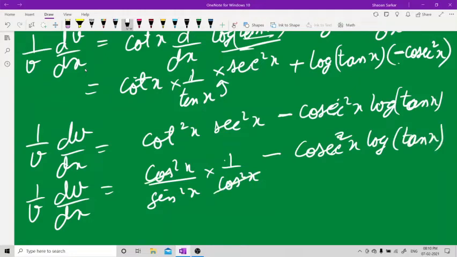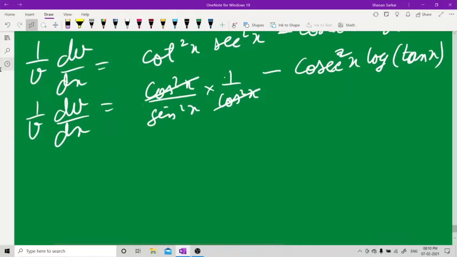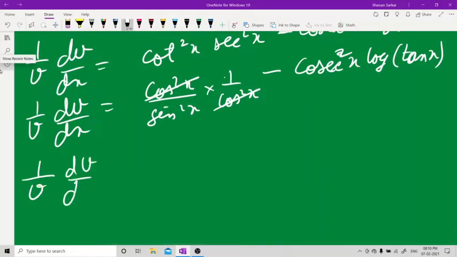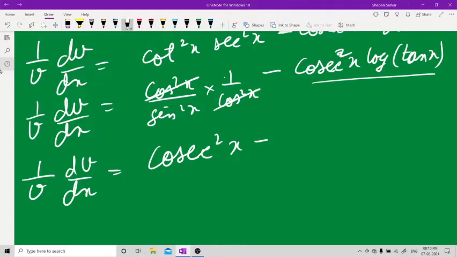Now this cancels out each other. You will have 1 upon v dv dx equal to cosec square x minus cosec square x log tan x.